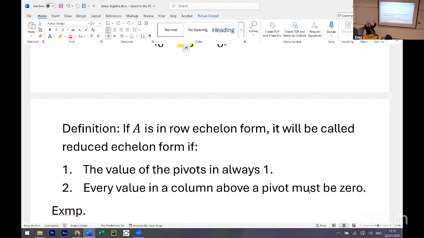I don't like it. I think it's a recipe for mistakes, and it's not what I would do programming a computer to find the solution. I would go to the reduced echelon form. It's also unique, and from it you get the solution like that.